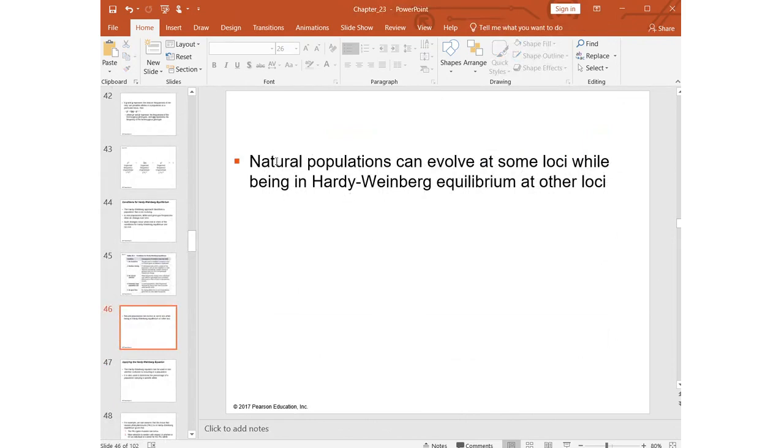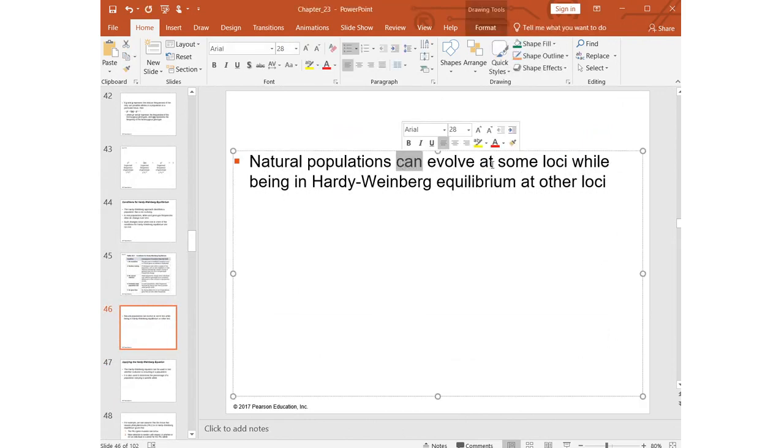Now another thing is, natural populations can evolve at some loci while being in Hardy-Weinberg equilibrium and not evolving at other loci. A population doesn't have to be evolving at all of its loci all at once, and probably it's not.